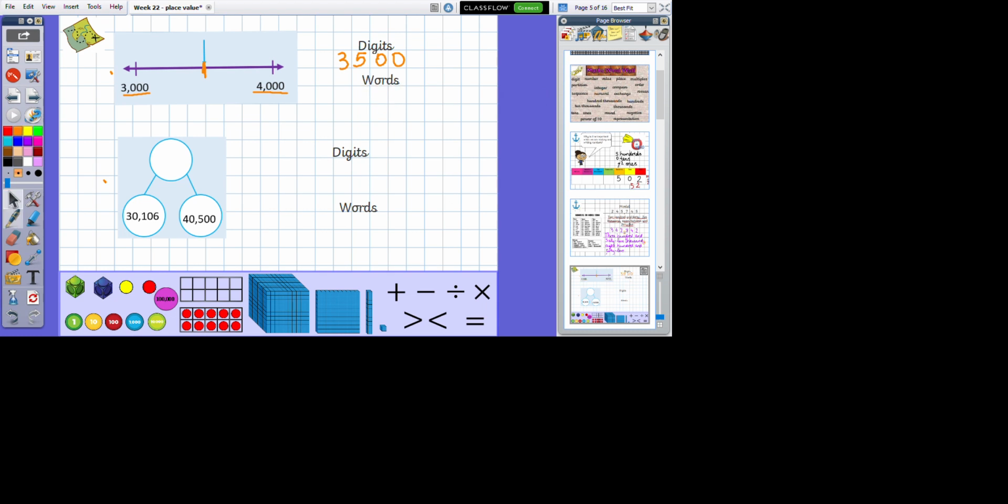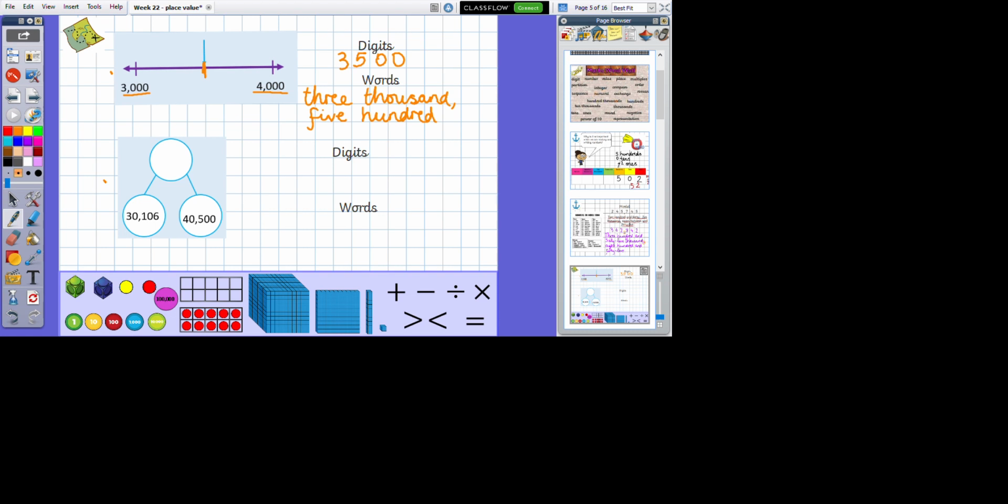So again, I would write 3, the word 3 needs to be the word. 3,000. Five. 3,500. Okay, so that's one way our number could be represented.